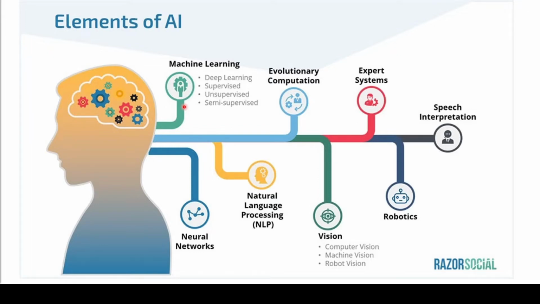Other than machine learning, we also have evolutionary computation, expert systems, speech interpretation, robotics using vision, natural language processing, the NLP, and neural networks.